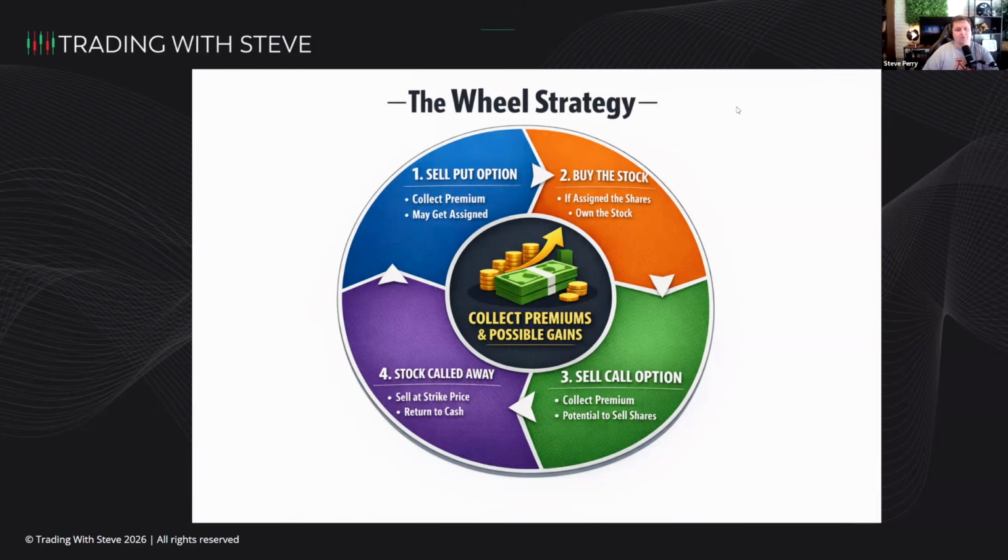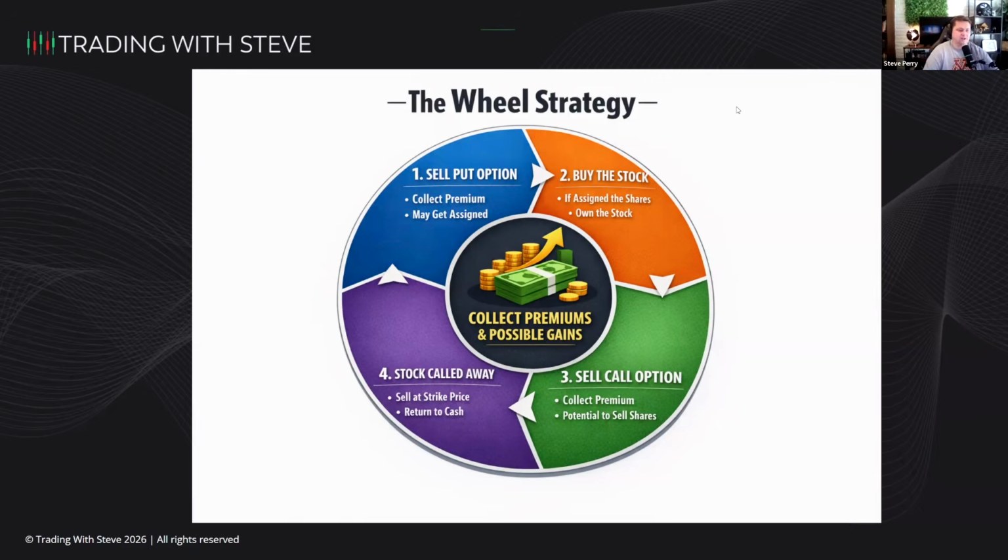You might have to buy SoFi at $22 a share even if it's trending at $21.99 per share. You're still going to have to purchase SoFi at $22, but you're not mad at all because you still collected that premium.